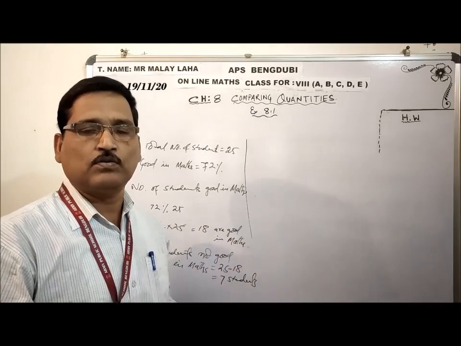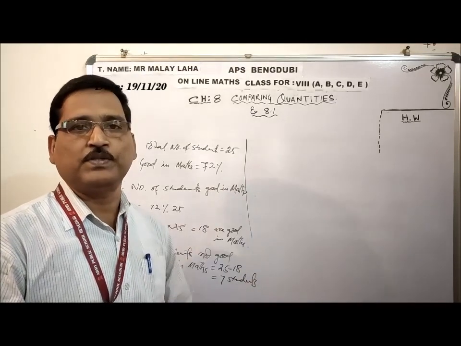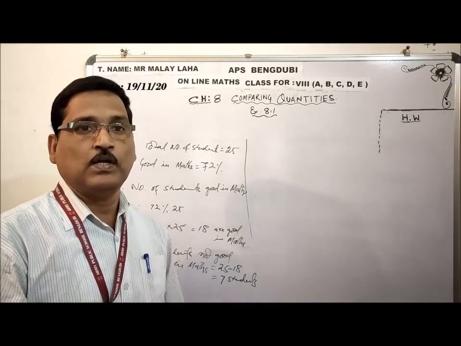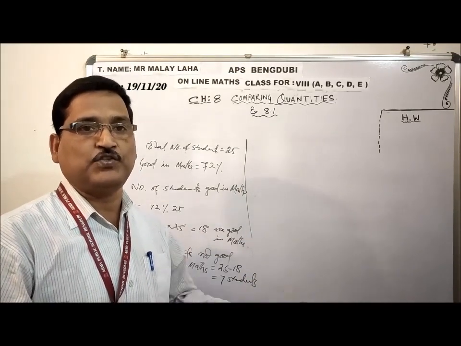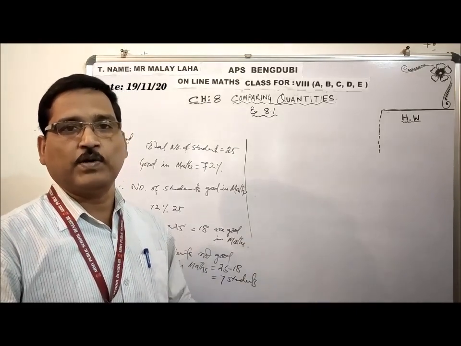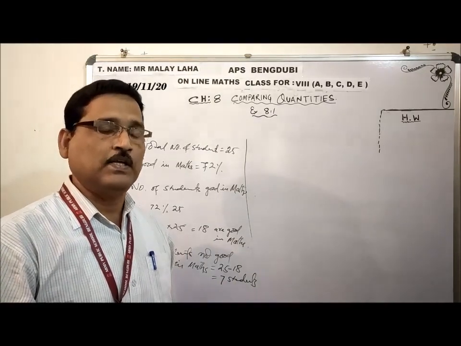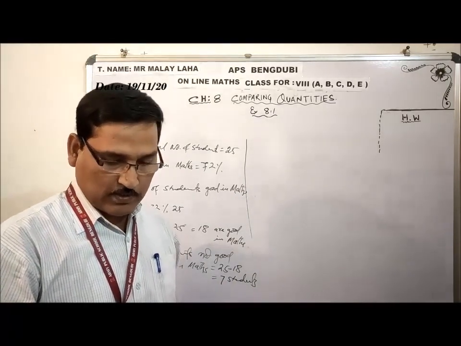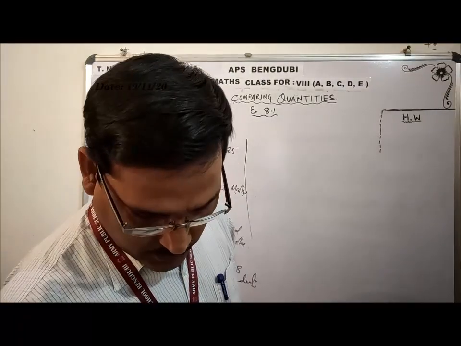So many questions will be there. You can find out how to convert a whole number into percent, a fractional number into percent, a decimal number into percent, a ratio into percent, and how to find the whole quantity when the original quantity is missing. This type of question you will get. I suggest you please go through it once, because in your textbook only limited questions are there.